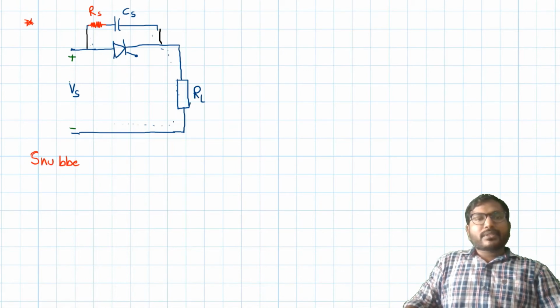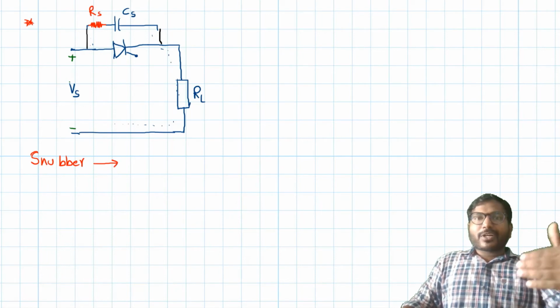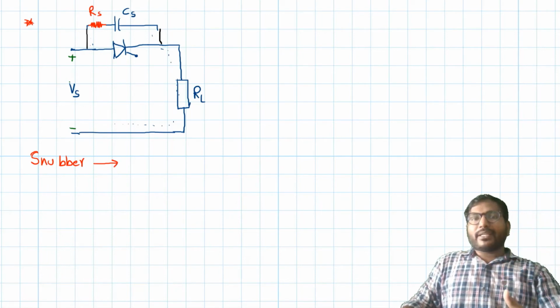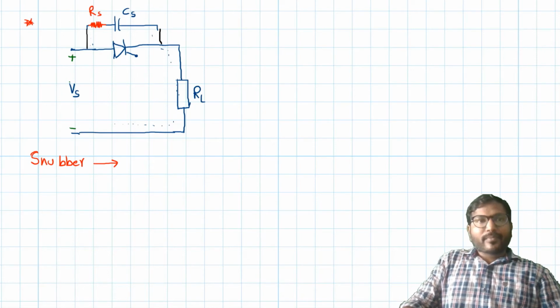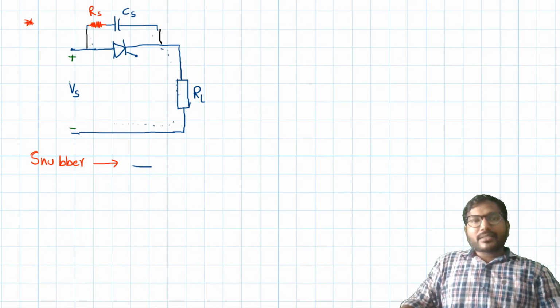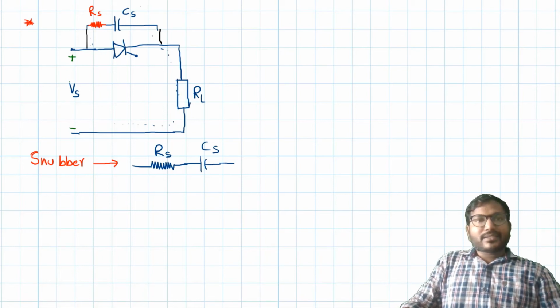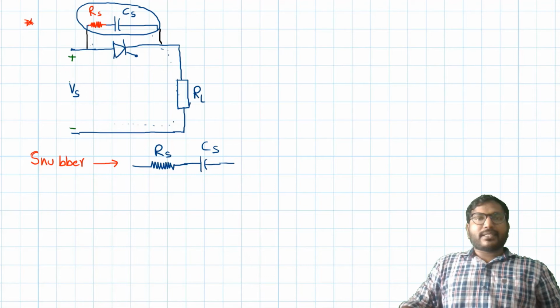The snubber circuit is the one to protect the SCR from high dV by dt. It is a branch with a resistor RS in series with a capacitor. This is the snubber circuit connected in parallel to the SCR.